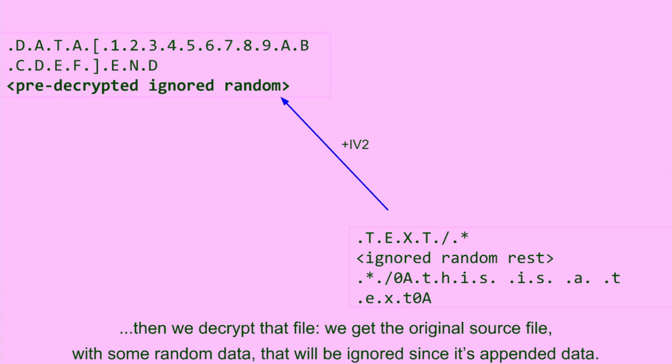So we get back the original data file, and we have something random that we don't control, but it's after the end terminator. So this is ignored, and this is still a valid data file as we wanted, and this is the text file which has the content that we want. It's not exactly the original file, but from a parsing perspective, it's exactly the same file. It's just using a comment and something garbage.